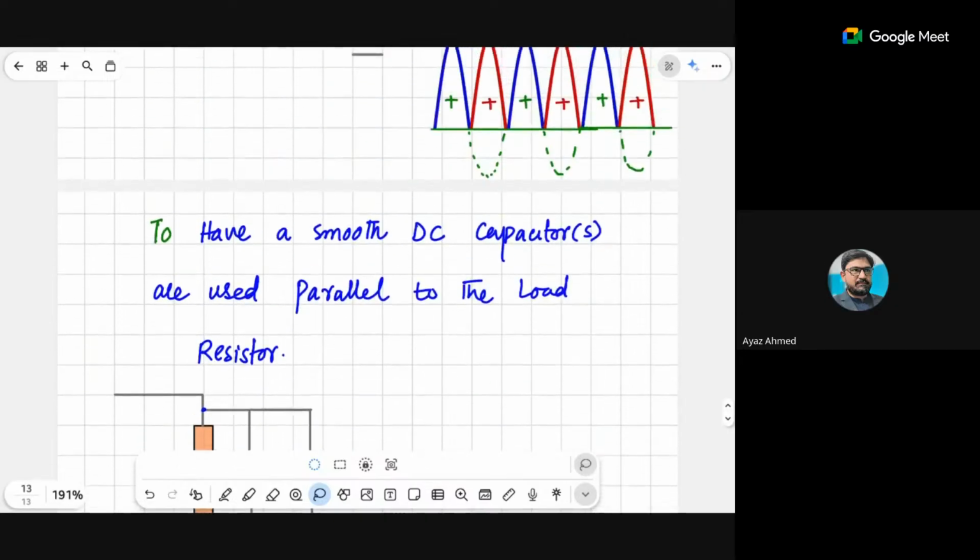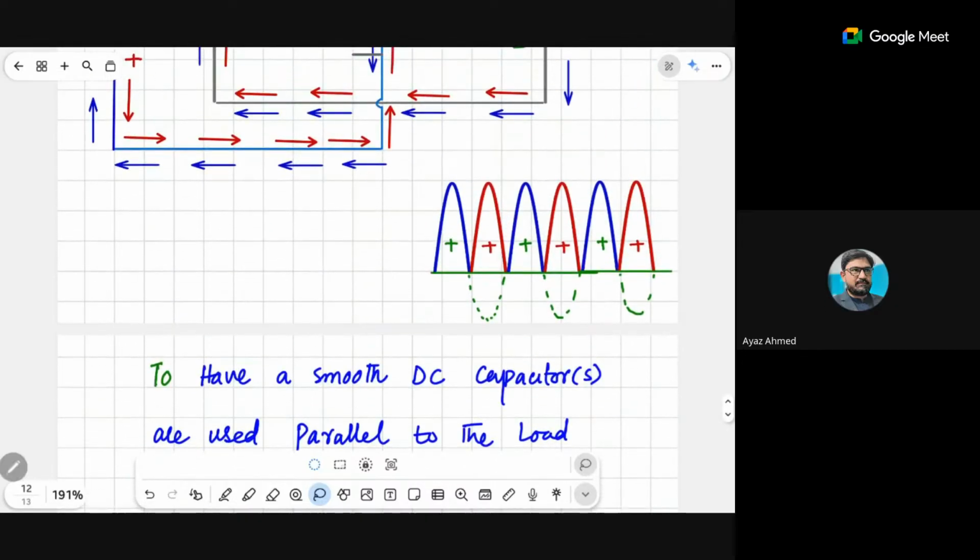How do they do this? Let me draw that. This is basically the output cycle. I will just draw all this for you here.